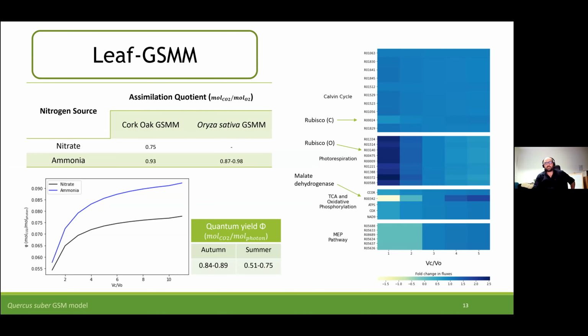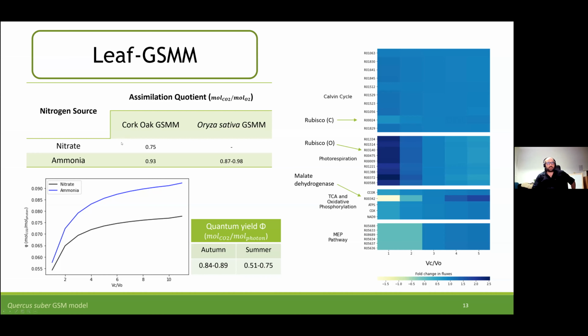Regarding simulations performed with the leaf model, these results are for simulations performed with the leaf model alone, one that we built using the transcriptomics data from the leaf. So we calculated one parameter that is usually used to assess these models, which is the photosynthetic quotient, the flux of CO2 by the O2, the oxygen that is produced in a simulation.